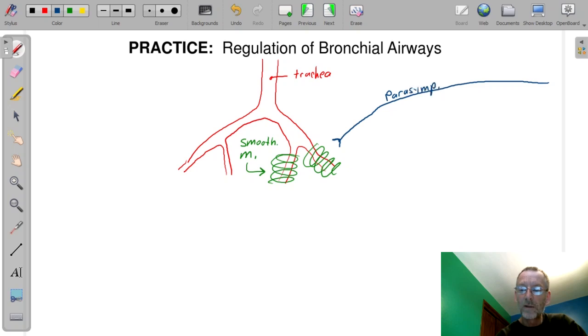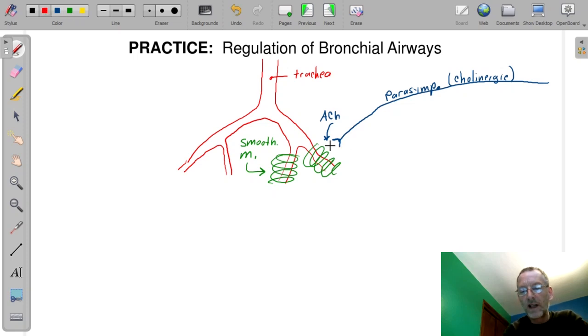I'll abbreviate parasymp for parasympathetic, and it is a cholinergic neuron, which just means that it's going to be releasing acetylcholine. So ACH is exocytosed out of the axon terminal from last quarter.